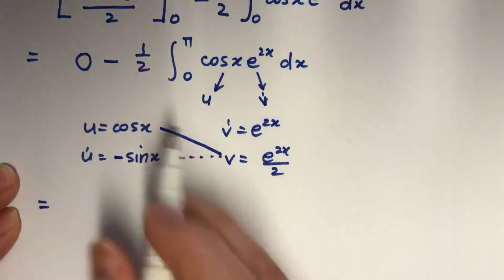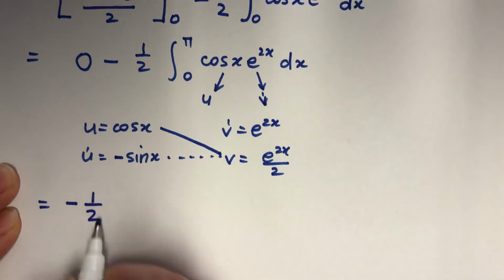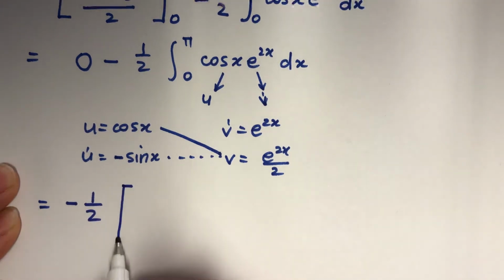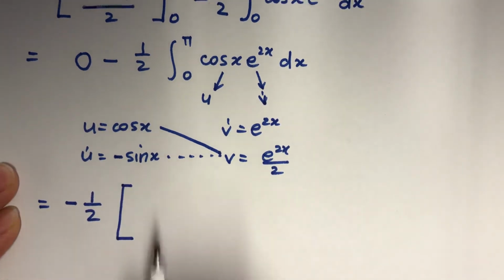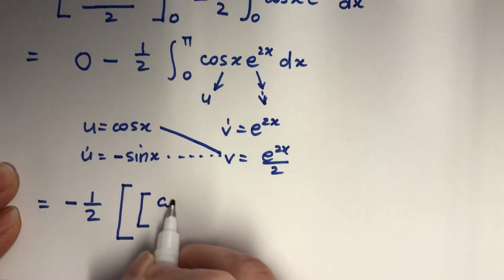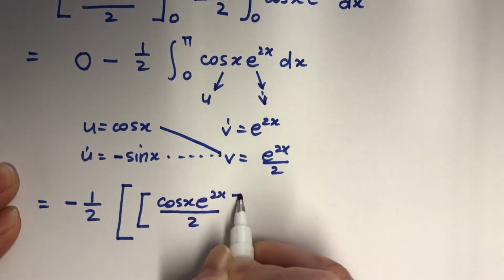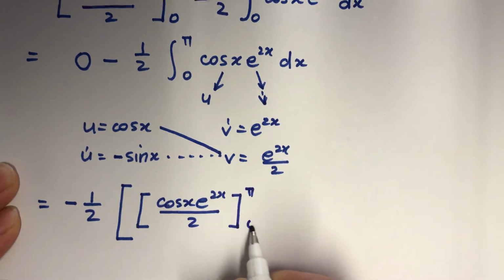So that becomes, now we are looking at just this part. Minus half is still there, and I'm going to put it in double square brackets this time. So in here, it will become cos x e to the power of 2x over 2, and let's not forget the limit.